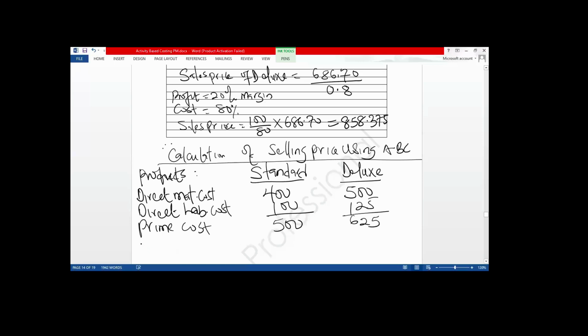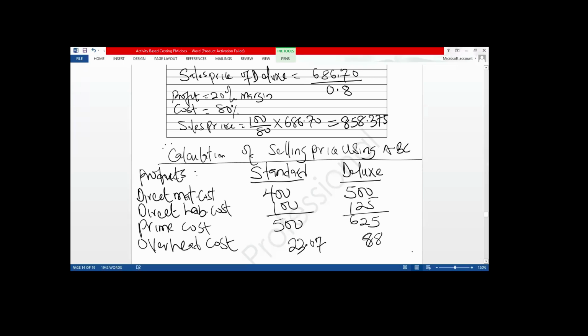Then overhead. Now the overhead cost based on activity, ABC. Here we have 23.07, here we have 88 naira. The only difference is the overhead cost per unit. So under activity based, the overhead cost for standard is 23.07, while for doulos is 88.